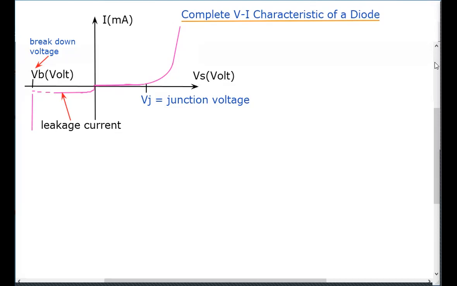If it says the junction voltage is 0.6 volt or 0.7 volt, what kind of diode is it? Silicon. So that's how you identify it by looking at this graph: if we know the value of the junction voltage, we can determine whether the diode is made of silicon or germanium.